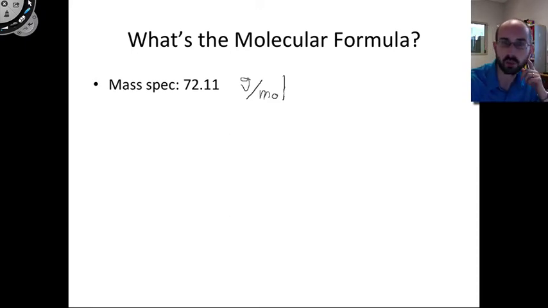You can put an upper limit on the number of carbons that could possibly be in this thing, just because carbon has an atomic mass of 12. How many times does 12 go into 72? The next thing is, is there oxygen? Is there nitrogen? Presumably there's hydrogen.